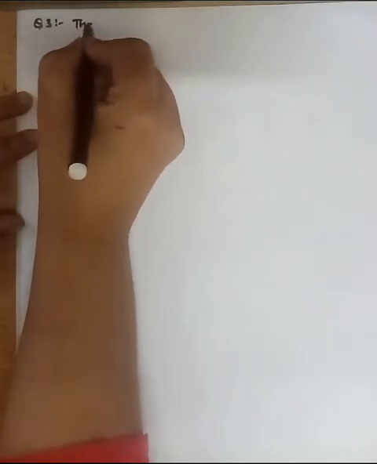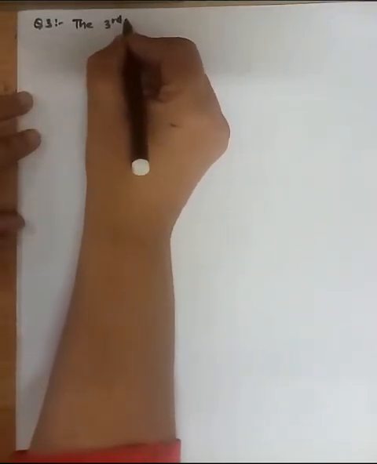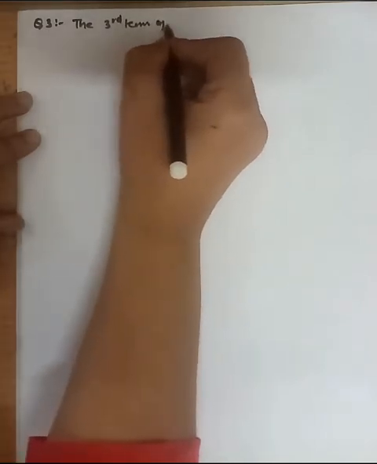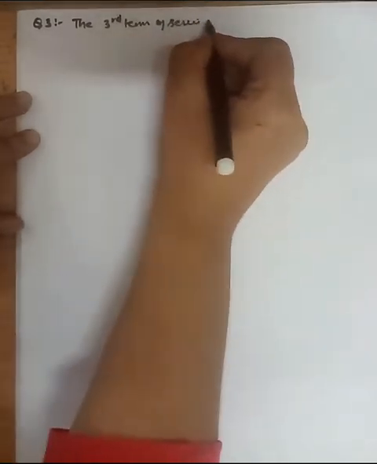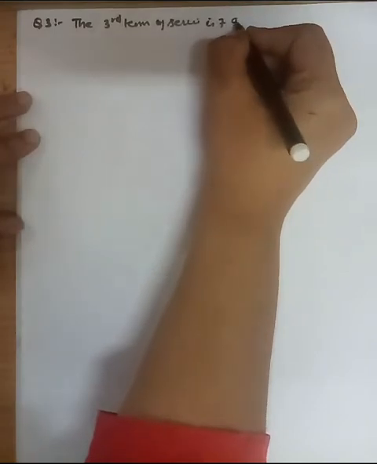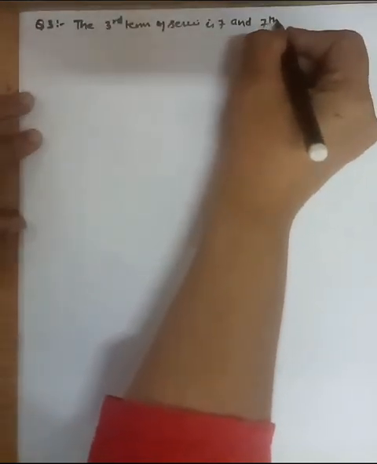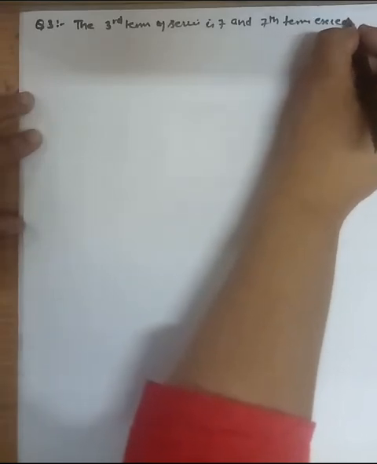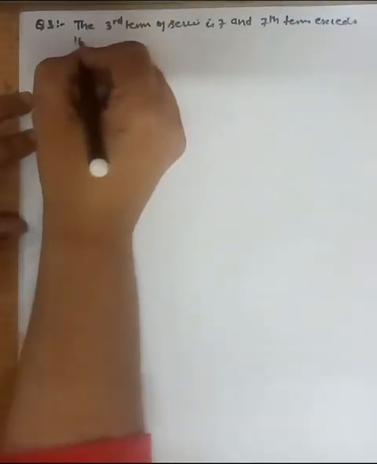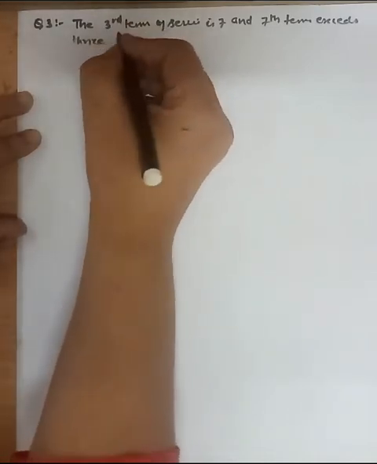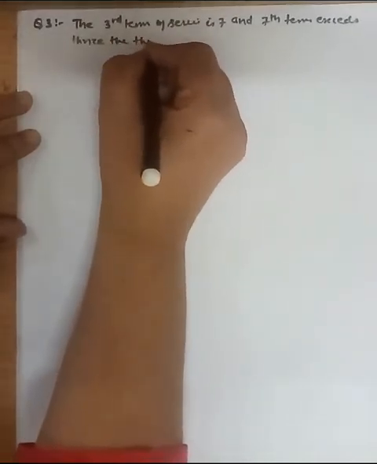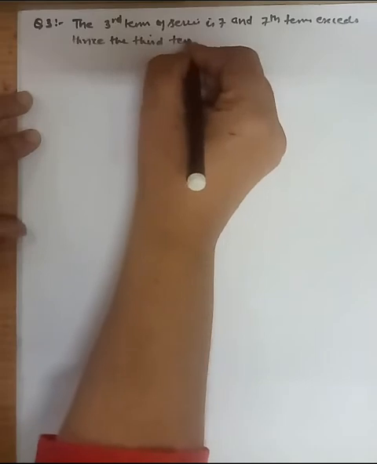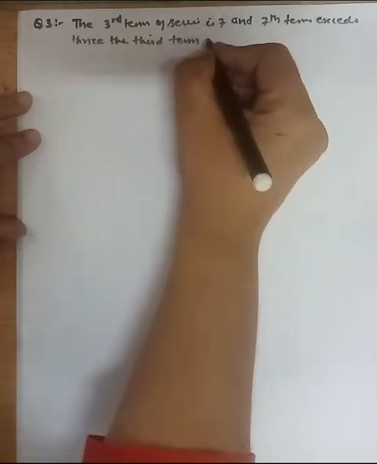Next is question number 3. The third term of a series is 7 and the 7th term exceeds thrice the third term by 2.